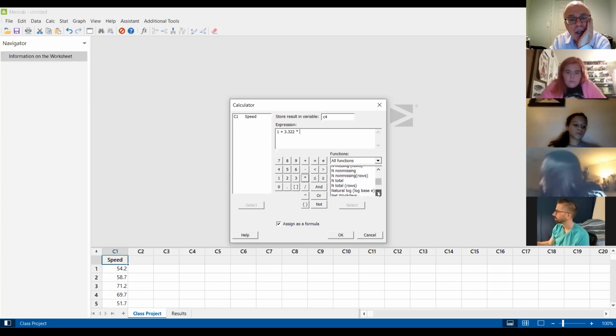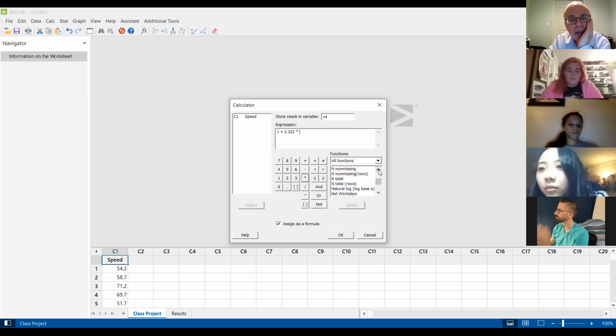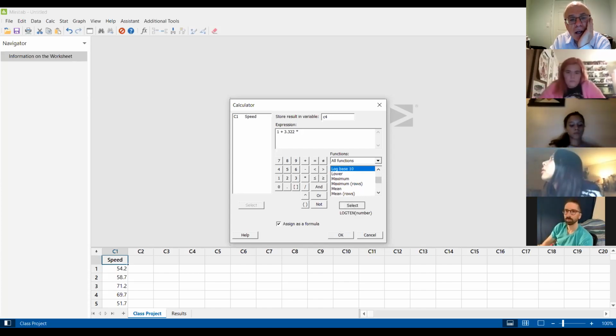Yep, here it is, natural log base E. So if you ever need to use that, it's there. The PowerPoint says base 10, so we're going to use this one, log base 10. Choose it, hit select. Notice it shows up right here in your formula.